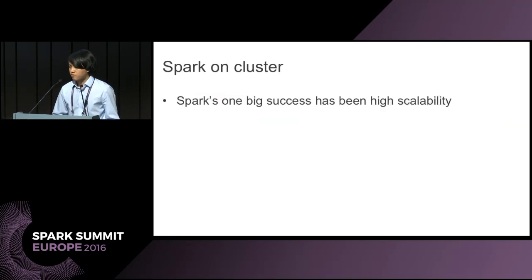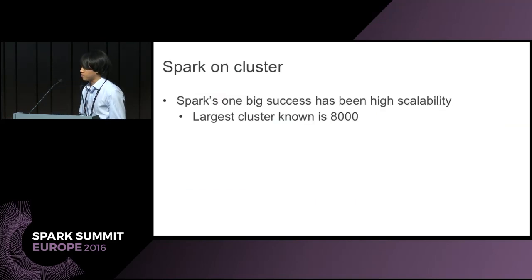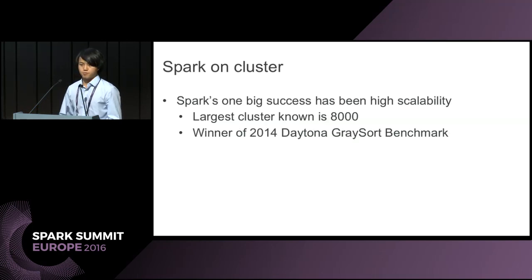I would argue one of the biggest successes of Spark is that it has achieved high availability that enables a huge range of workloads. By record, Spark has the largest cluster of 8,000 nodes, and it also broke the 2014 Gray Sort benchmark, which means that it can get high performance when we scale out.